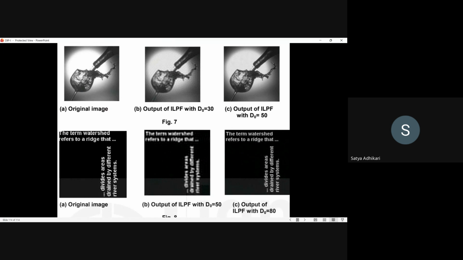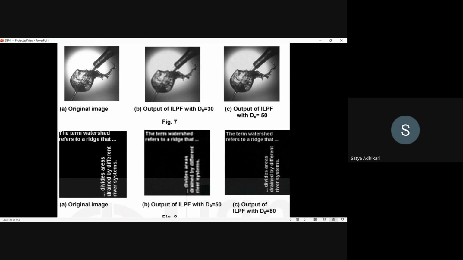You see in the second one, some text was written in the original image. If you take the ILPF with D0 equal to 50 in the second one, we are not able to read it, so there is some ringing effect.